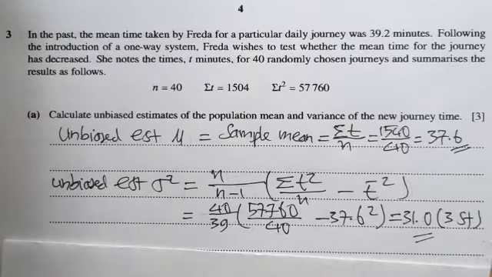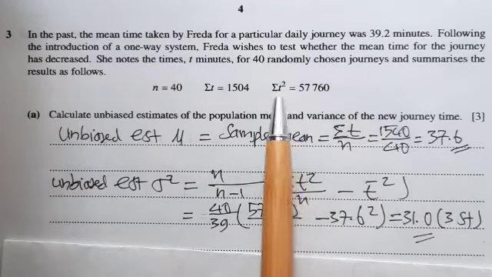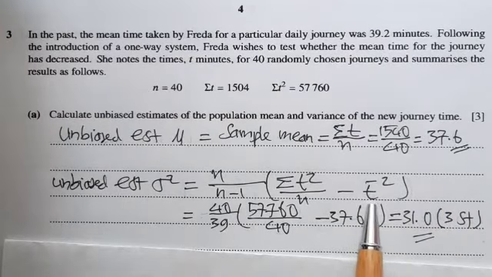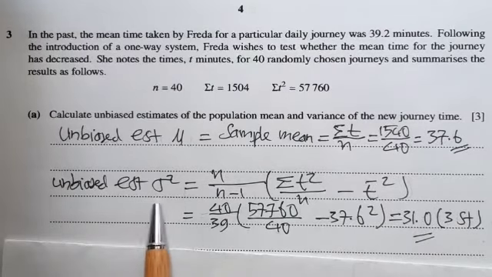Thus n is 40, so 40 divided by 39, times 57,760 divided by 40 minus (37.6) squared, where 37.6 is the unbiased estimate of the population mean. Thus the unbiased estimate of population variance is 31.0, correct to 3 significant figures.